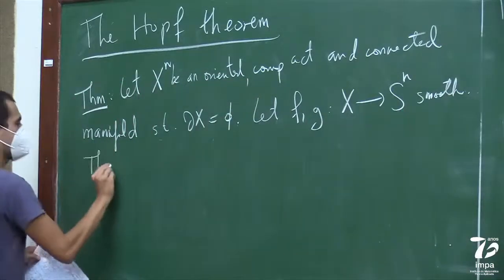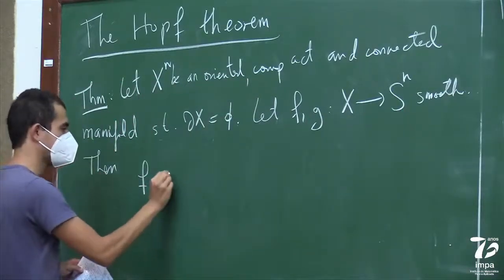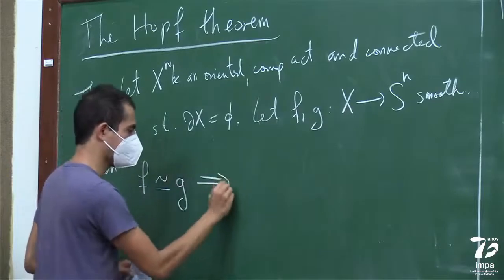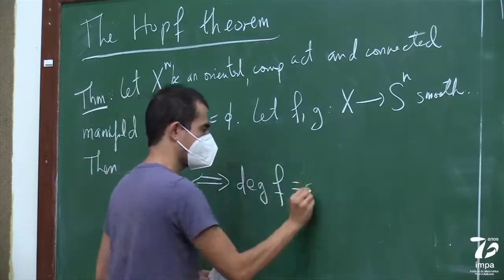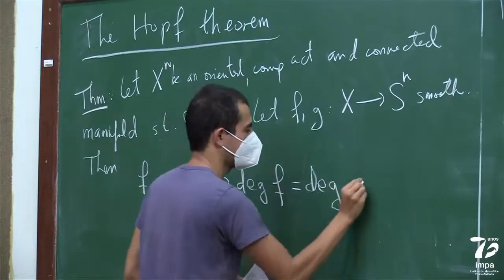Then F is homotopic to G if and only if the degree of F is equal to the degree of G.